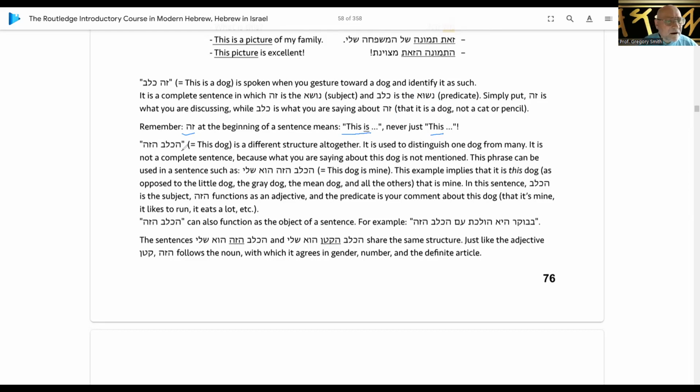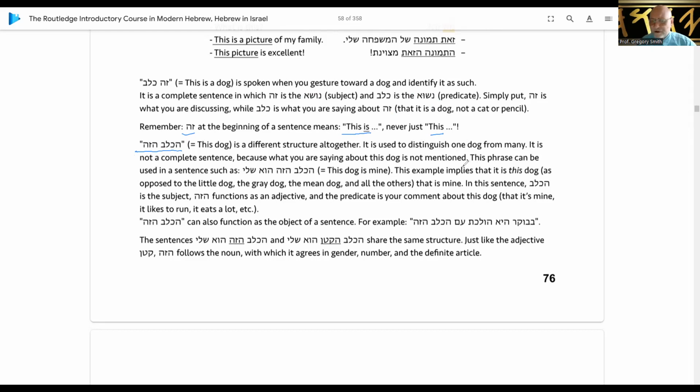So HaKelev Hazeh, this dog, the this, is a different sentence structure altogether. It is used to distinguish one dog from many. It is not a complete sentence because what you are saying about this dog is not mentioned.